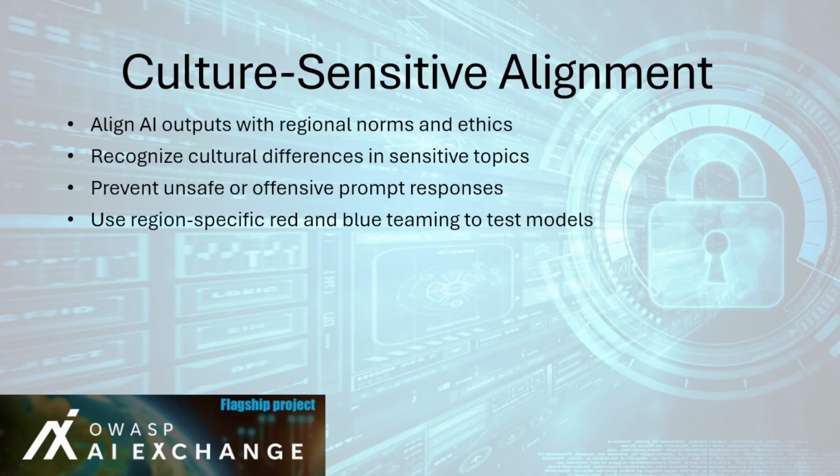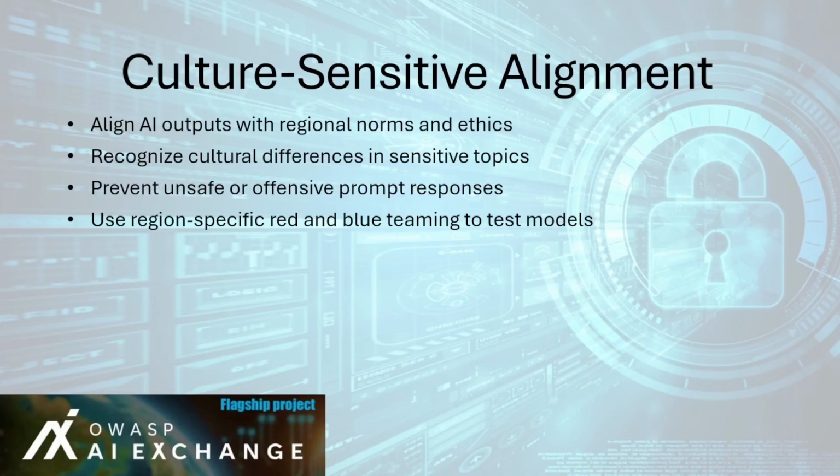Culture-sensitive alignment ensures AI models behave appropriately within different cultural and legal contexts, adapting responses to local values and sensitivities. Why does this matter? What's acceptable in one country may be offensive or even illegal in another. Misaligned outputs can cause reputational harm or non-compliance. The benefits are that it promotes trust and inclusivity, it reduces regulatory and ethical risk, and it strengthens public acceptance of AI systems.